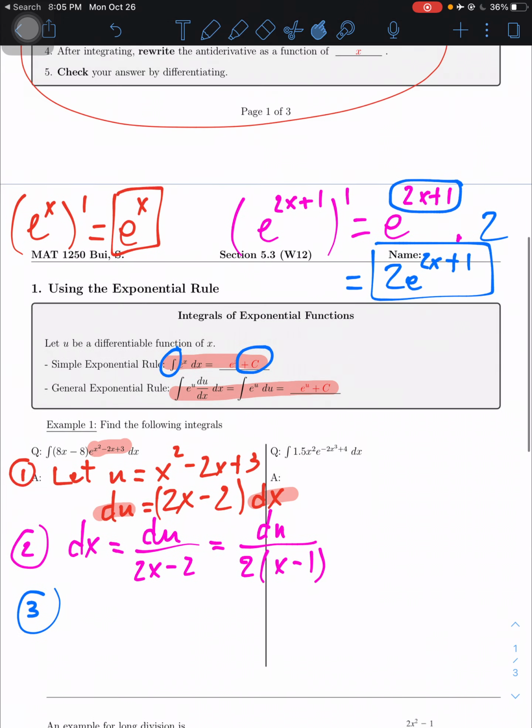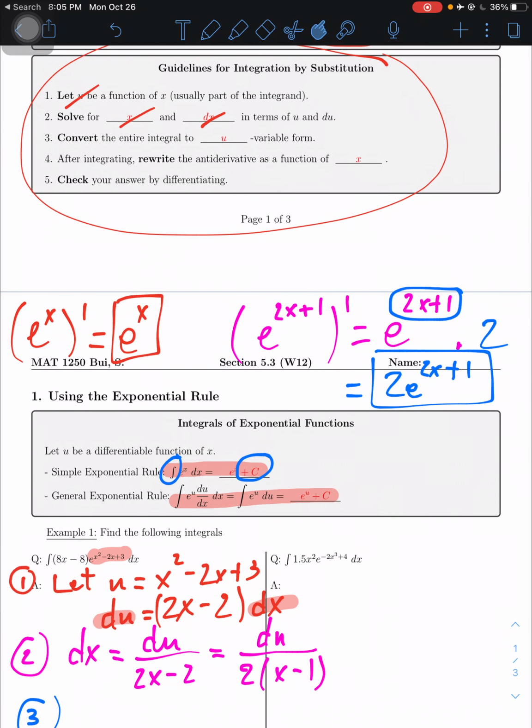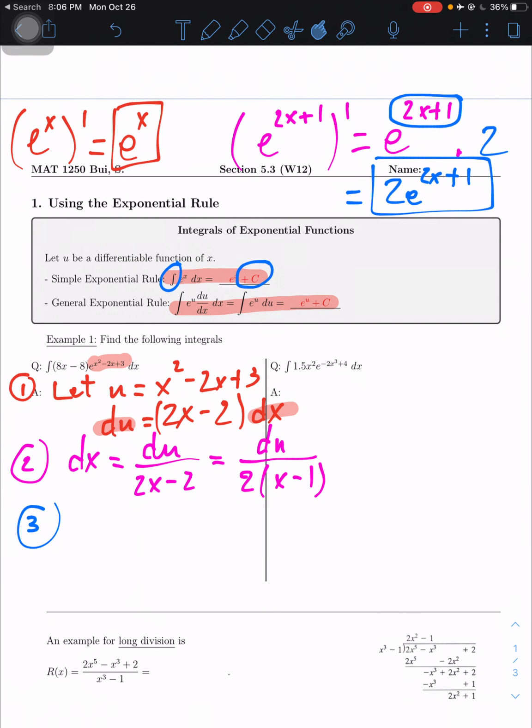If you remember, what we did in step 3 is that we're going to convert the entire integral into u form, right? So let's do that really quick in here. How can we convert everything in terms of u? So I have the integral, and next I'm going to get 8x minus 8, and then instead of e to that ugly power, I'm going to get e to the u, right?